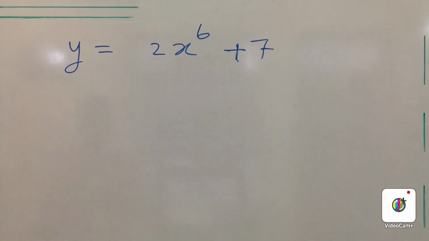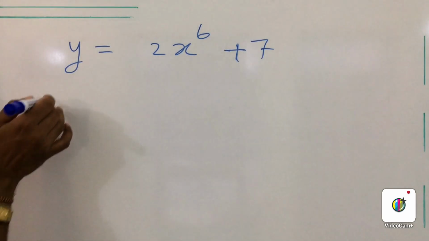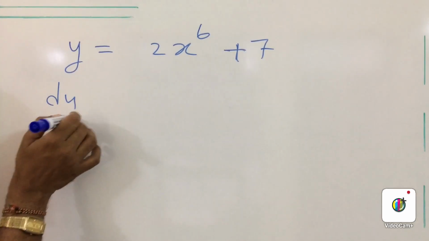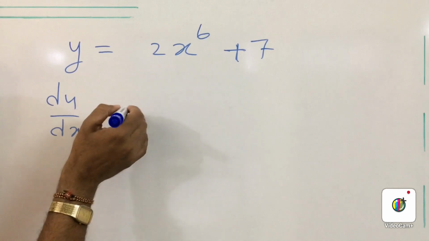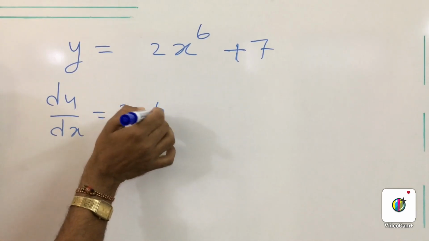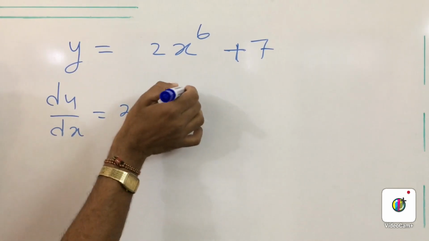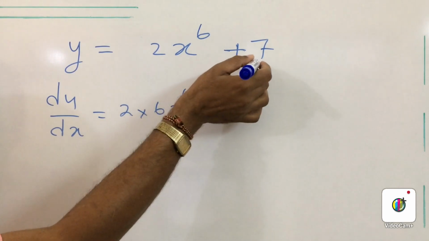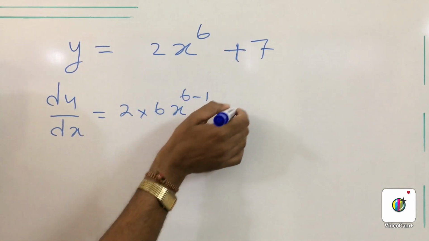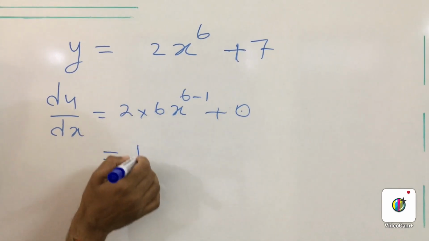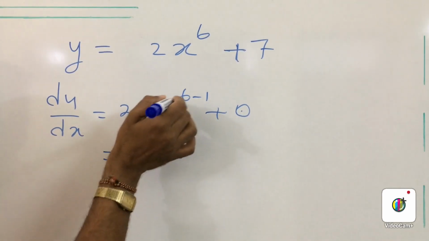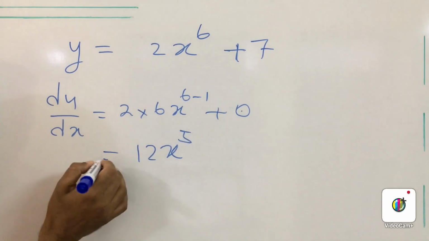We see differentiation of this function, dy over dx equal, take the 6 in front of the x, 2 times 6 into x to the power 6 minus 1. The differentiation of the number is 0. Therefore you can write 2 into 6, 12, x to the power 6 minus 1, 5.